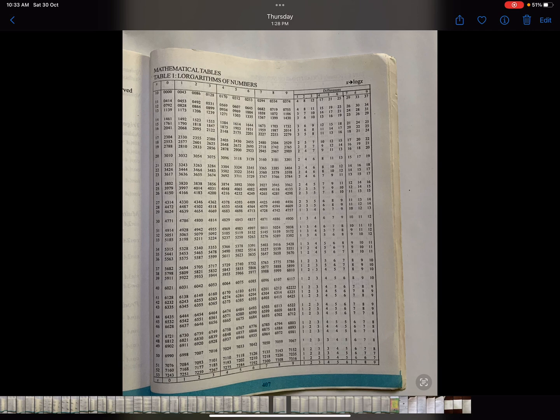Now to the denominator. Cube root of 6, 7, 5, 1, 2, 3, 4. So what's going to be the characteristic? 1, 2, 3, 4, 5, 6.